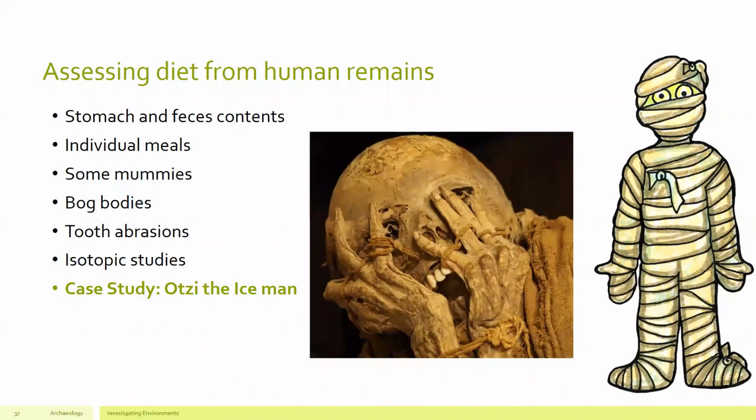We can also look at tooth abrasions, wear on the teeth of people, to get at overall trends in diet. Isotopic studies on hair, or on bone, can be extremely revealing of reconstructing dietary shifts of people over the course of their lives.